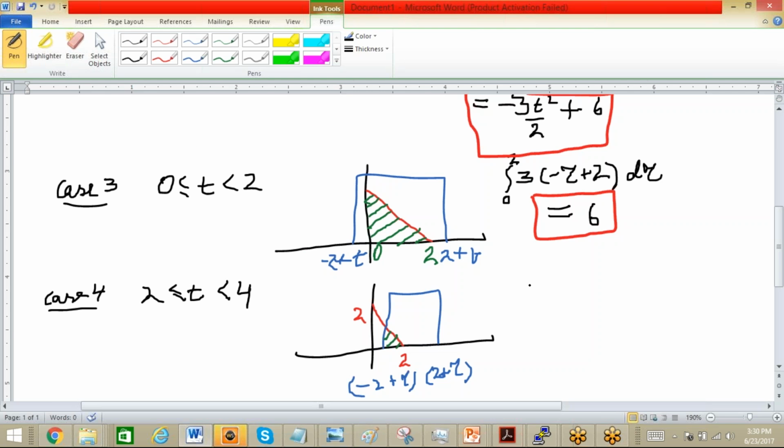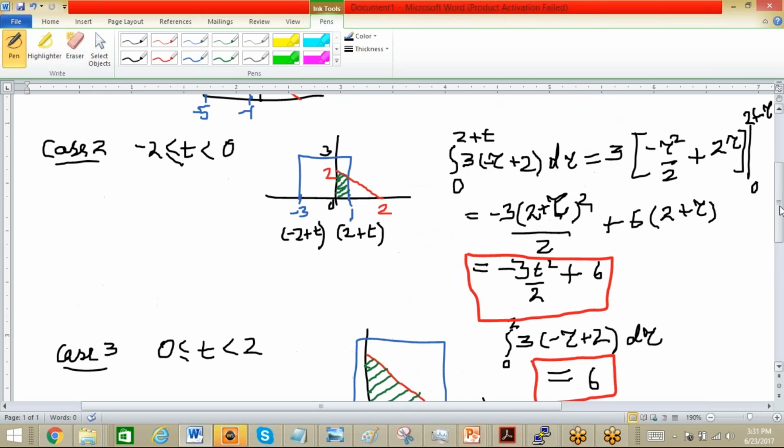However, we have to change the limits, and the limits are from minus 2 plus tau, okay, to 2. Fine.